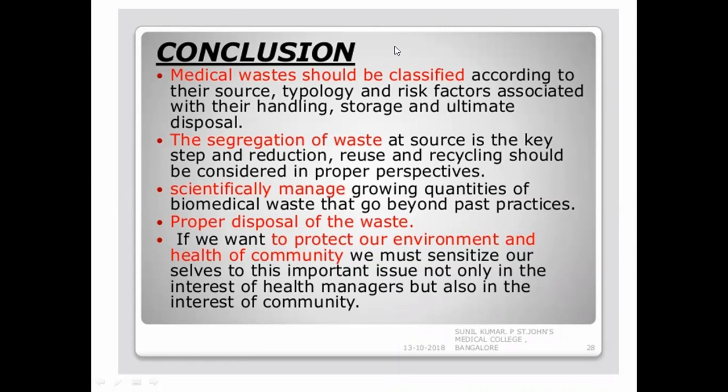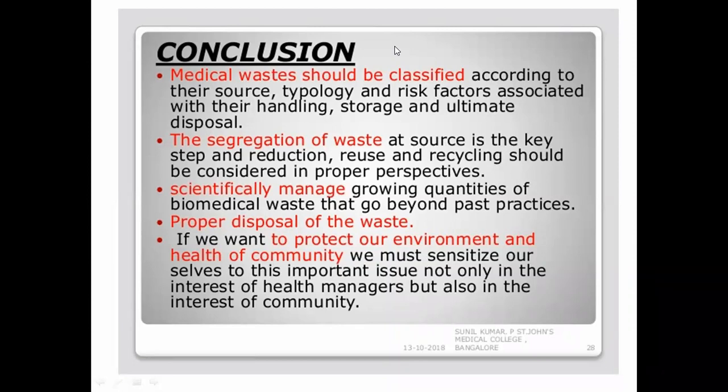Suppose we put all the sharps containers in one place. The handler will know this contains only sharps, so they have to be careful. Once they reach the facility, they will do cleaning only, either cleaning with chemicals or autoclaving or any kind of procedure just to renew it.